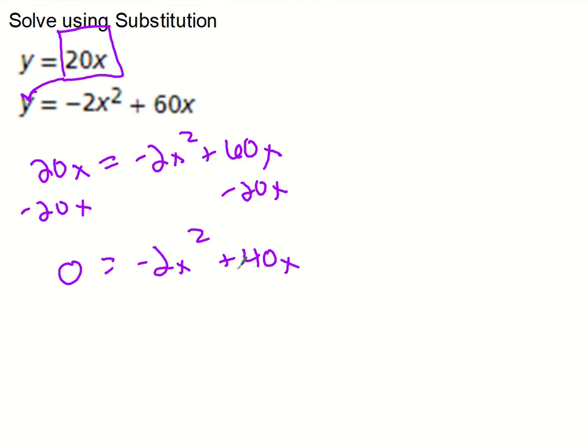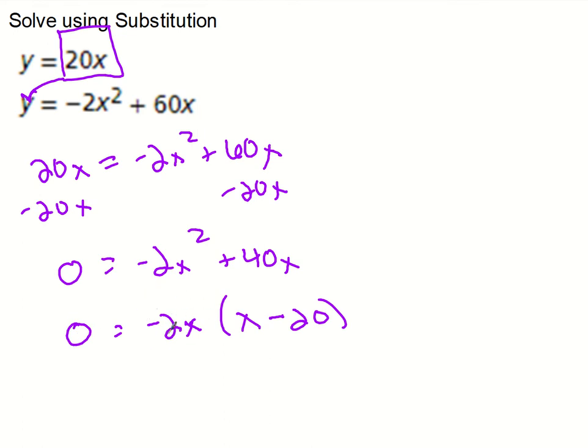There's a couple routes I could go here, but the route I want to go is I can factor this out because I have an x in both of them, and they're both divisible by 2. So I'm going to factor out a -2x. And that's going to give me x minus 20 equals 0.